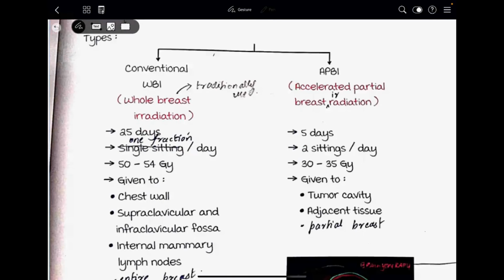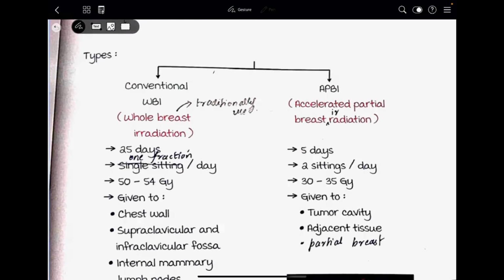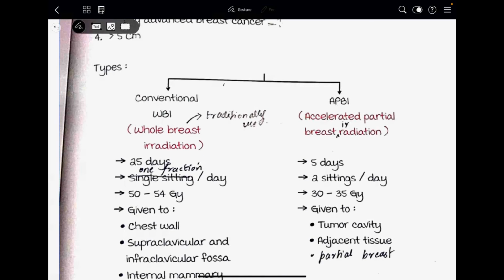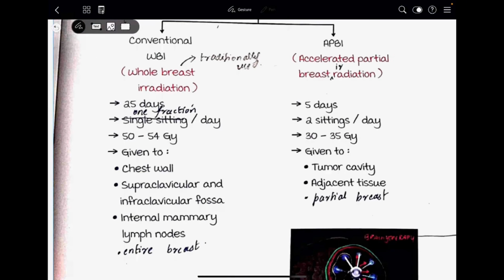What are the types? Conventional whole breast irradiation and accelerated partial breast irradiation. Conventional, it is very simple. The treatment part is simpler than the actual breast chapter. You just have to remember the heading, and the answer is in the heading itself.